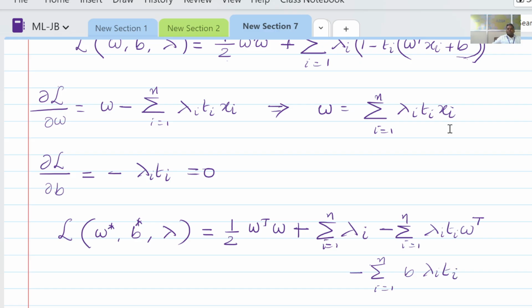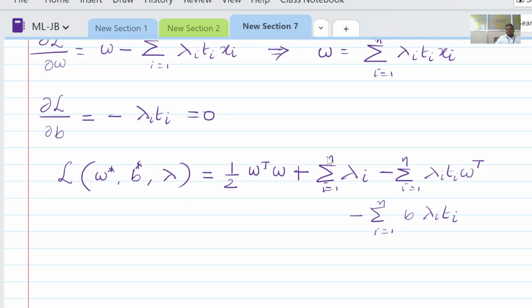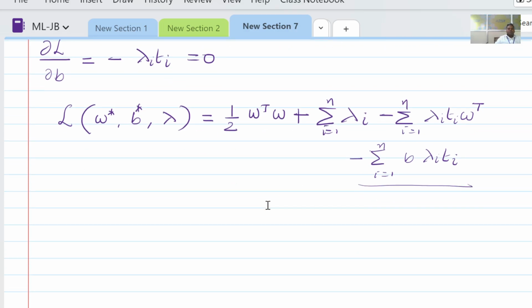Because sigma lambda i ti is equal to 0, we can ignore this term and let us substitute W transpose and W here.